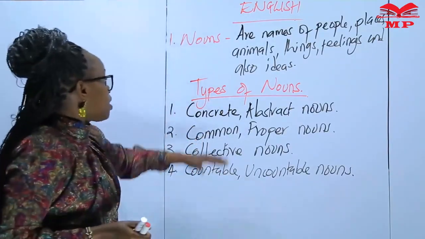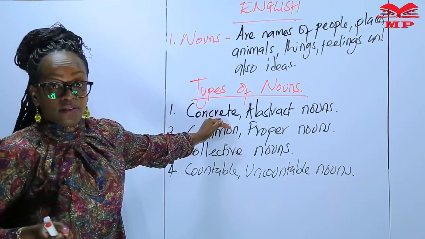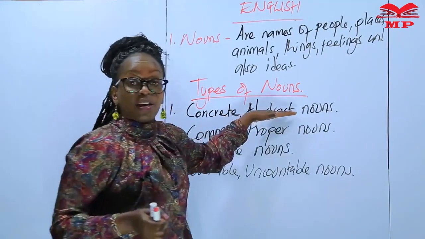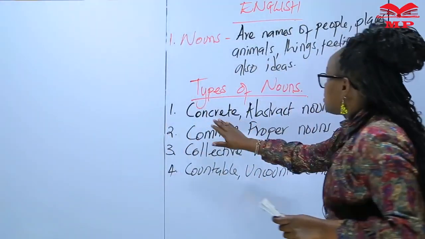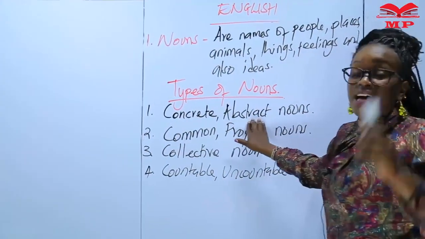If you notice, concrete is a class by itself, and abstract is also another class by itself. The reason why I've written them this way is because concrete and abstract nouns are related.